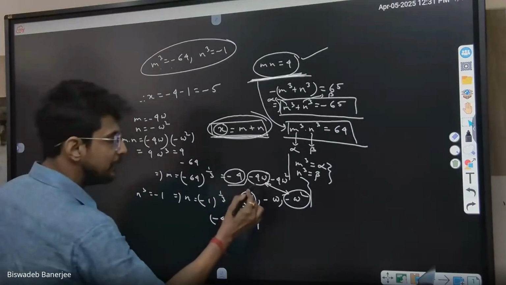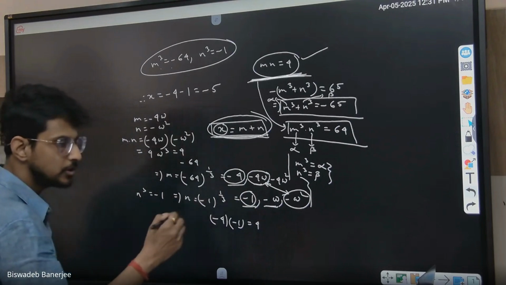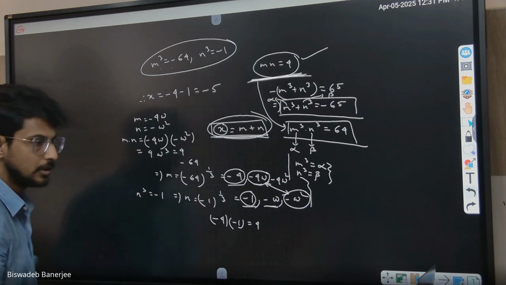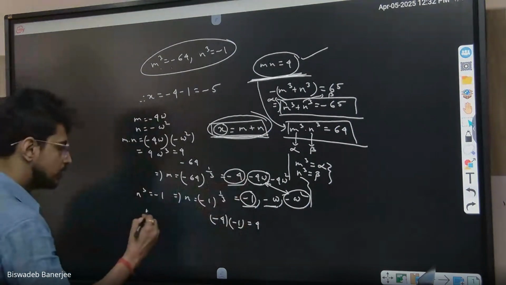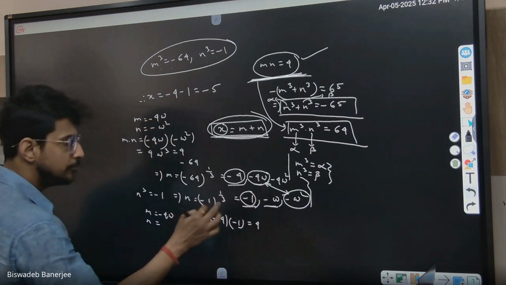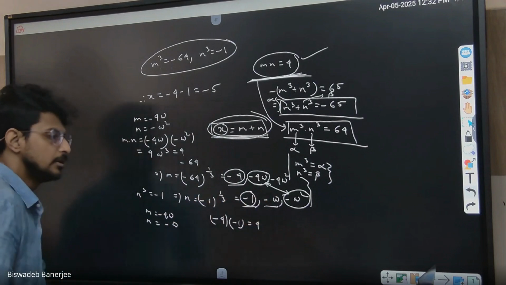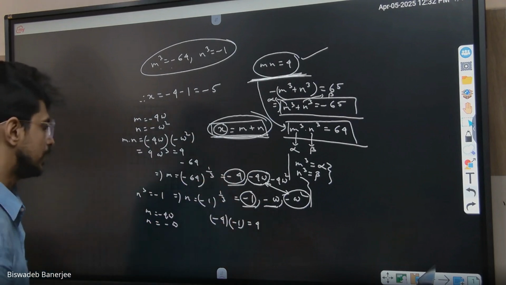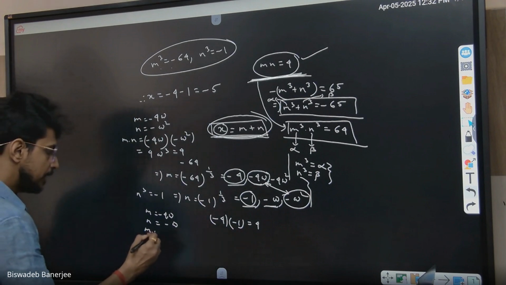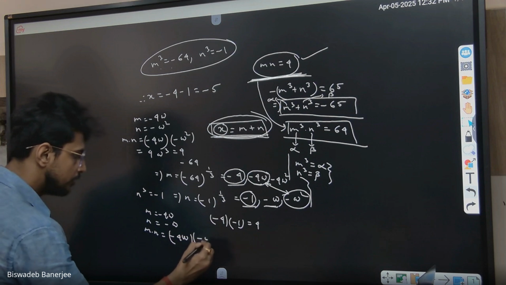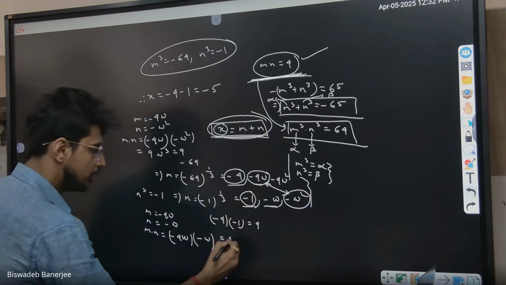That means if our m is this, my n will be this. You can't take m equal to this and n equal to this, because you can see that their product is not 4. If we take m equal to minus 4 omega and n equal to minus omega, then multiplying m and n, their product is 4 omega square.